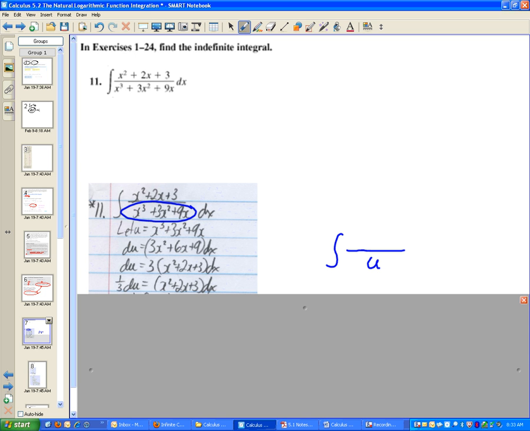And now I'm going to take x squared plus 2x plus 3 dx and replace it with, no, not du. Not 1 du. 1/3. Now, watch this though. 1/3 times 1 is 1/3, isn't it? Can't just leave a blank numerator. So a factor of 1 works nicely because 1/3 times 1 is the 1/3 that we needed. du.